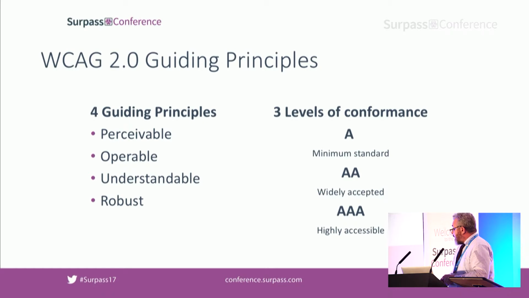And those are applied to the stuff that we make. It's amazing, just going back to the law there, what the law has had to cover in terms of the kind of technology interface, so anything from telephones, photocopiers, and not just software. There are 3 levels of conformance. AA is the one that we aim for here, and it's the widely accepted standard throughout the world.